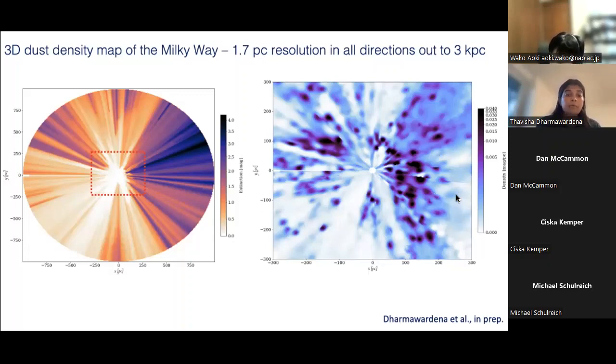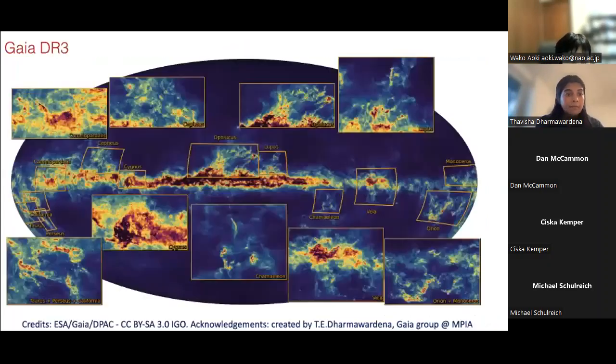And if we compare the two, this again shows a very good example of why we want 3D dust densities versus extinctions when we want to understand the true structure of the Milky Way, because as we can see clearly here, we lost all these beautiful structures and shapes that we see in the extinction maps.